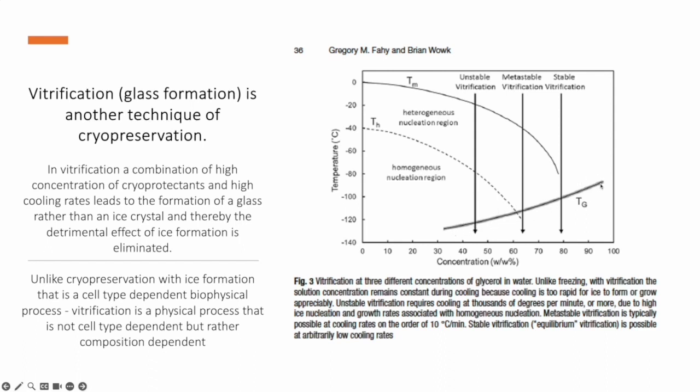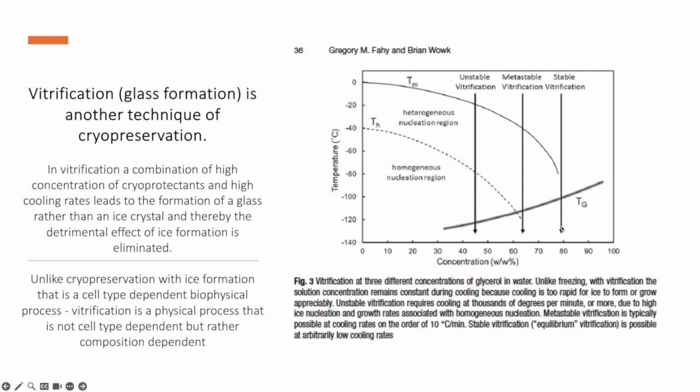So if you go very fast here, then you will not have ice crystals, even though it's a metastable state. And then this concentration is essentially one in which there is always vitrification, no matter the cooling rate. Here you can go extremely slowly and you'll still have vitrification. So these are the domains.